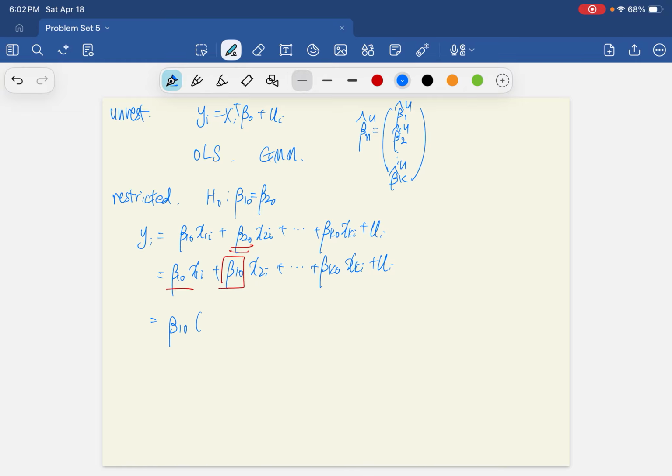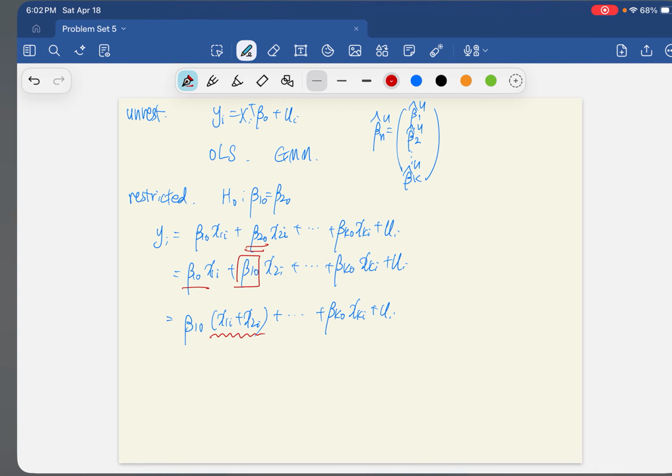That means x1 and x2 have the same coefficient, so we can factor out beta 1. Everything else is the same; there is no change for the other variables. So then you have to count these two, the sum, as one regressor, right?